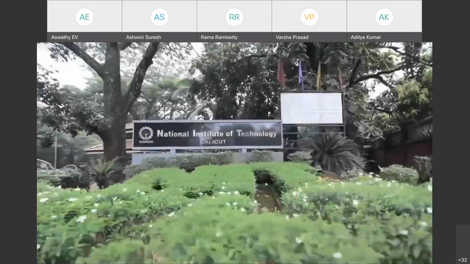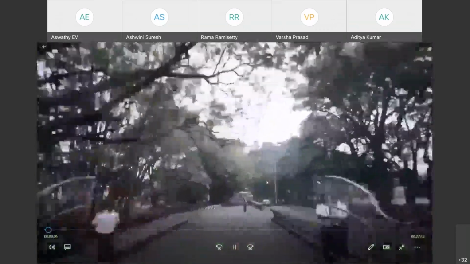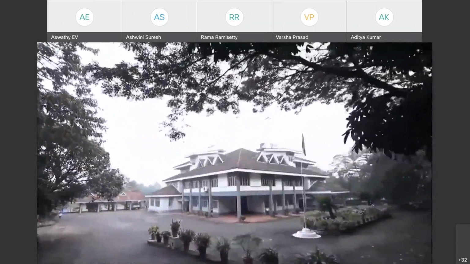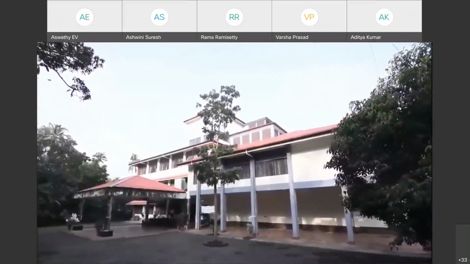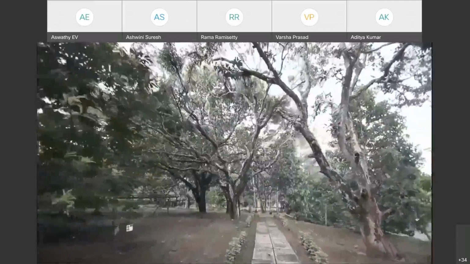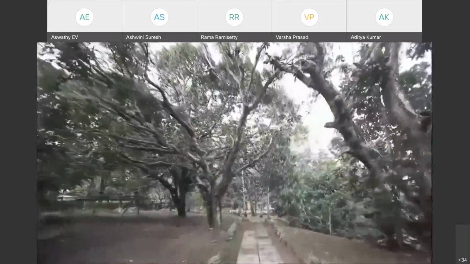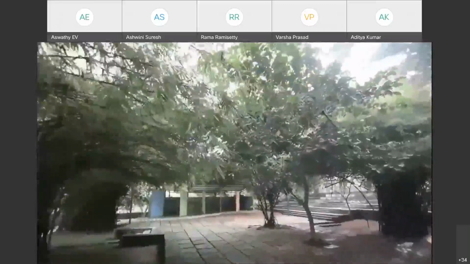Welcome to National Institute of Technology, Calicut. Leading into the main campus on the left, you can see the old administrative building followed by the new administrative building. These buildings houses the offices of the director and the dean. To the right of the old administrative building, you can see the new creative space sponsored by our alumni.